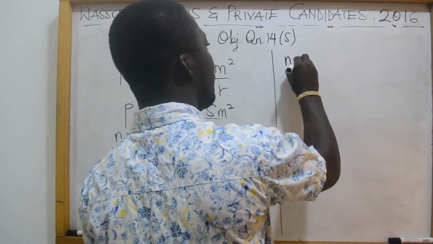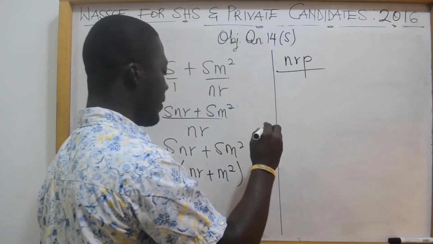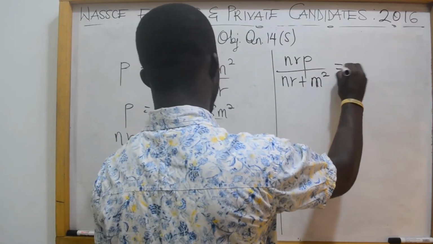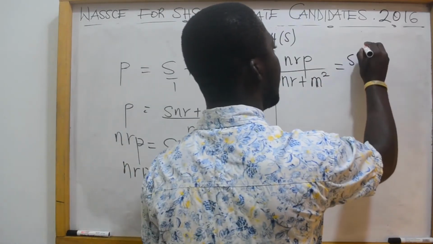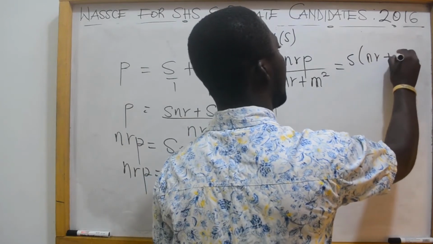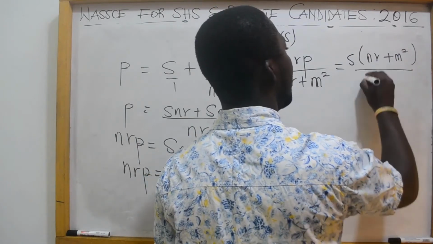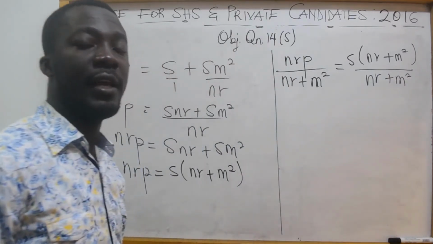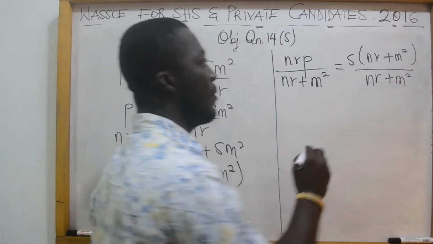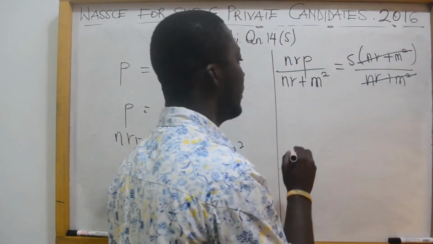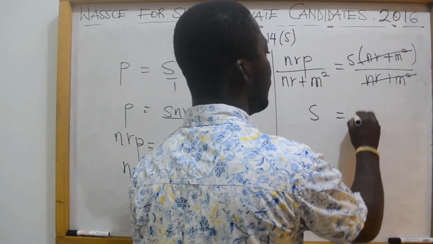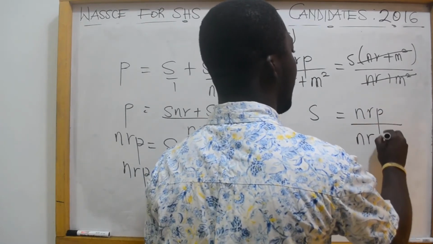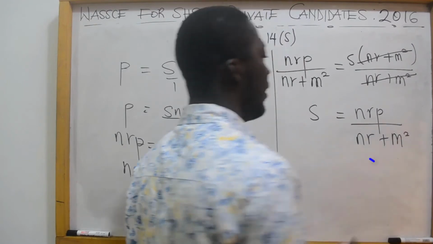So NRP divided by NR plus M square should be equal to S into bracket NR plus M square divided by NR plus M square. And of course, NR plus M square will cancel itself, whereby our S is equal to NRP divided by NR plus M square.